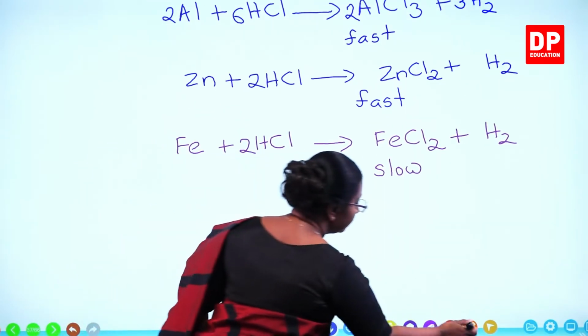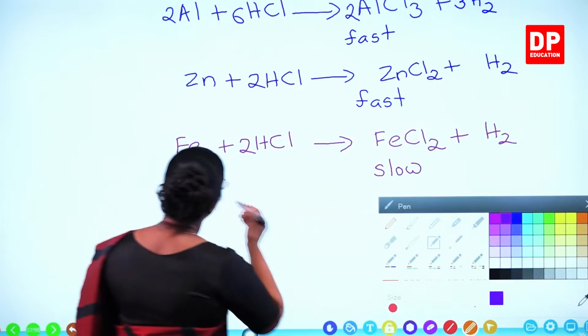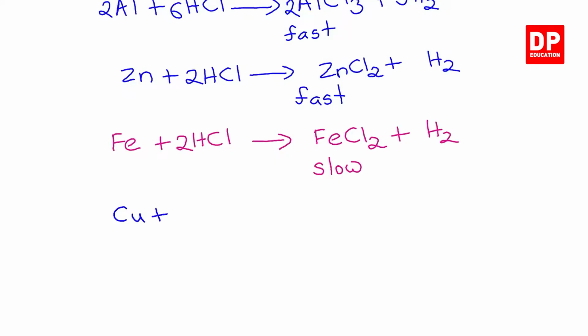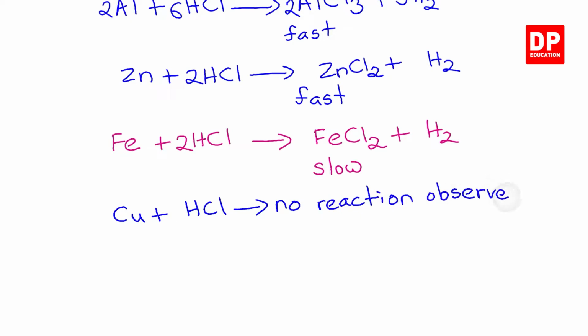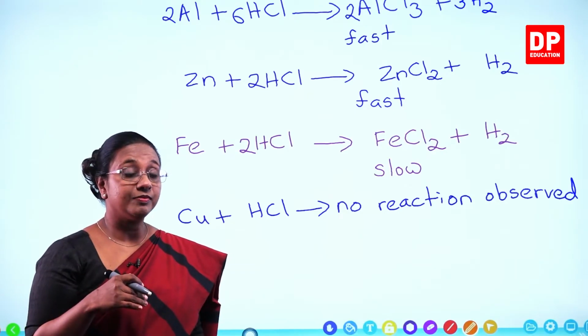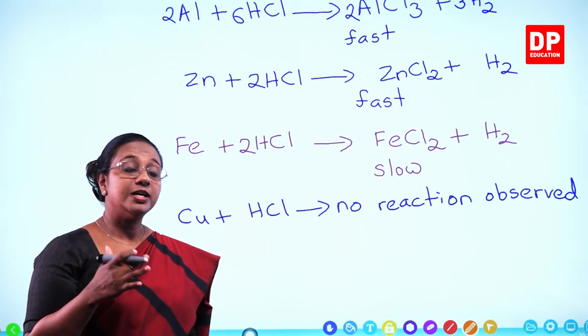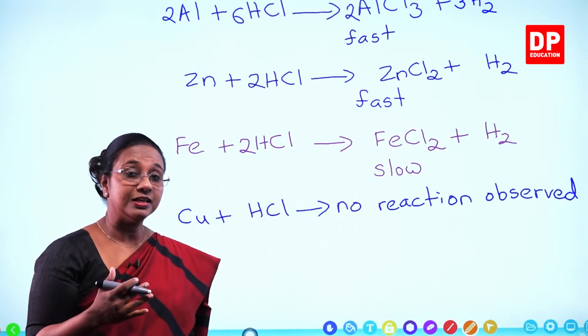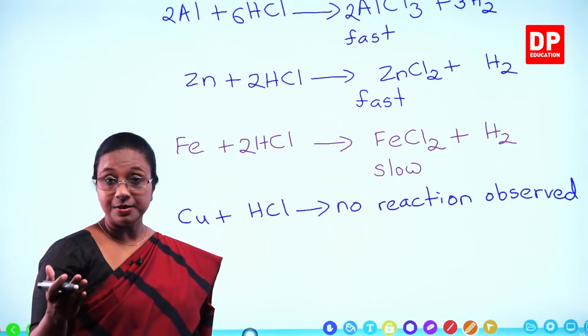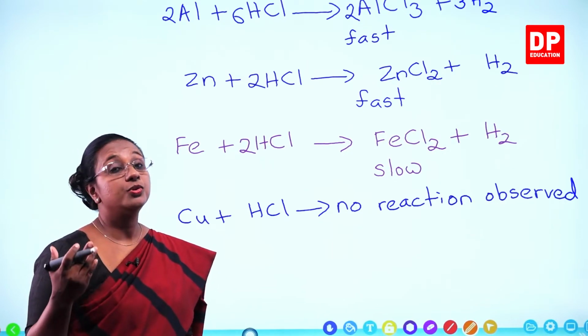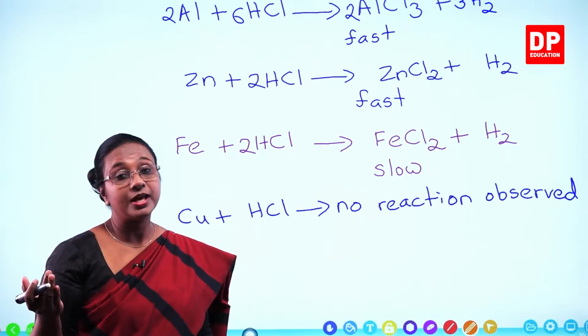Then the next one, we had copper with hydrochloric acid and there was no reaction observed. Then, what else can we think of? Earlier we also discussed metals like silver, gold and platinum. They also do not react with dilute acids.